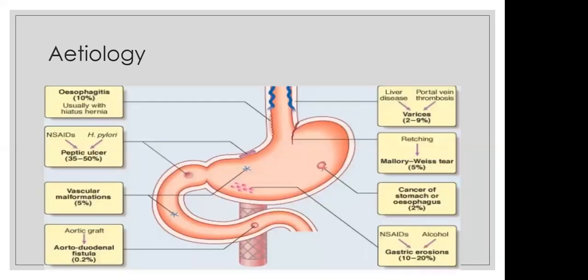Okay, this is just an image showing the different causes as well as their percentage in terms of causing upper GI bleeds. Peptic ulcer being the most common in adults, with 35 to 50%. Gastric and duodenal ulcers each contribute about 25% to the causes of upper GI bleeding in adults.